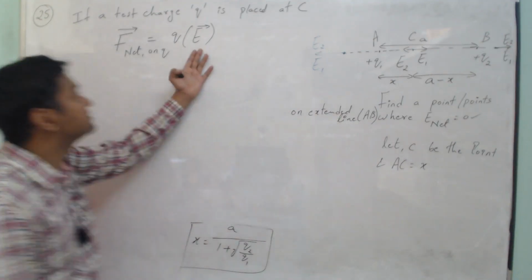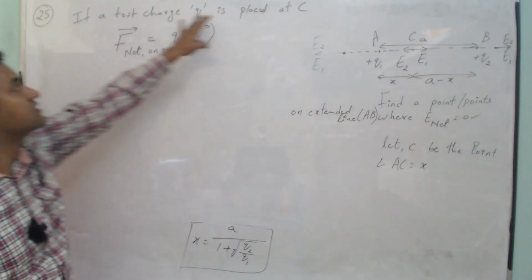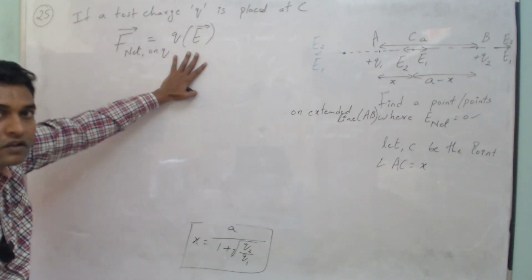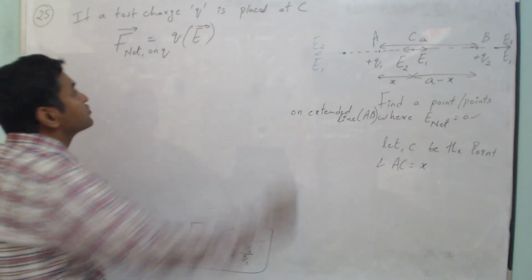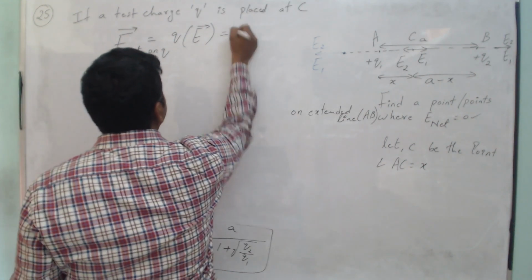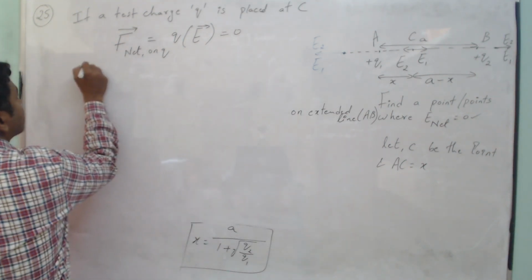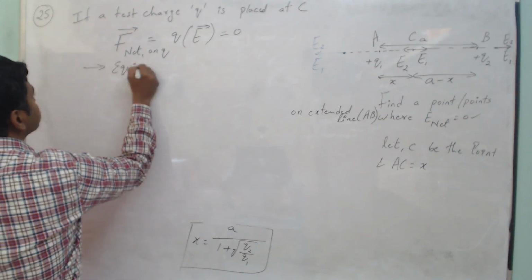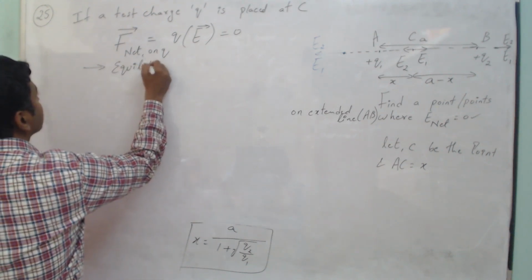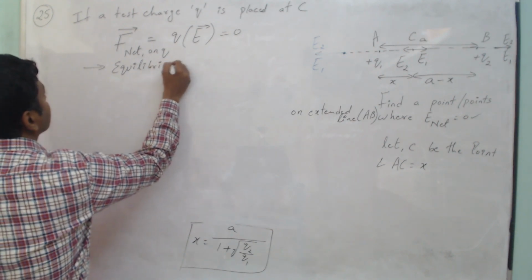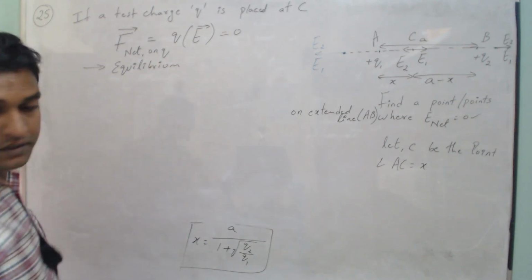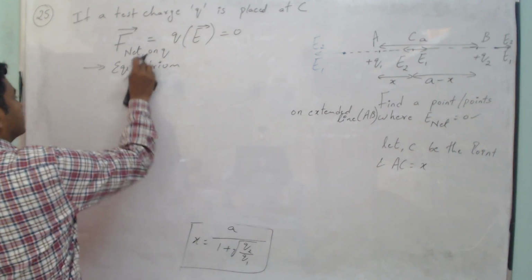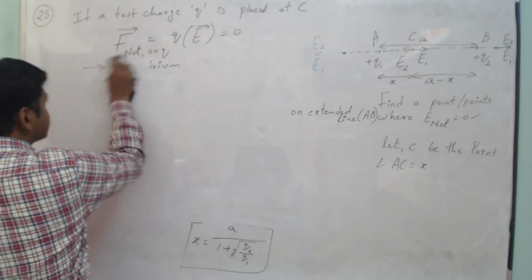If the field is zero, then if I place a test charge at point C, the force on it will be zero. That's why just now I said another thing. Can I say that this is equilibrium position?